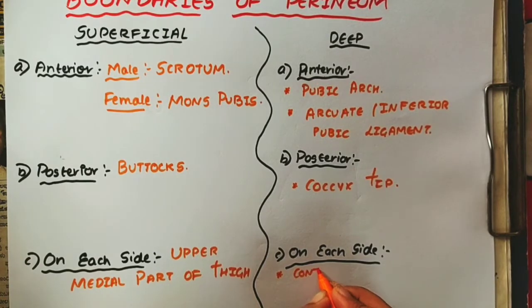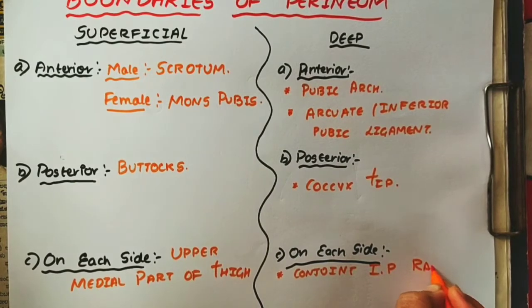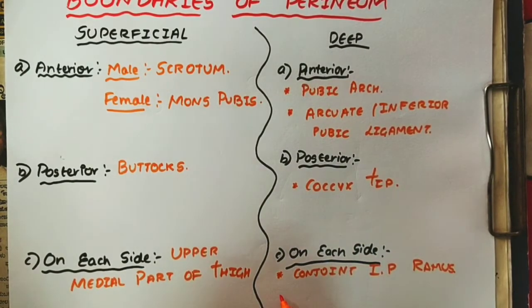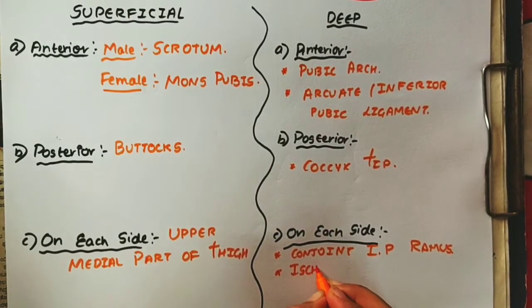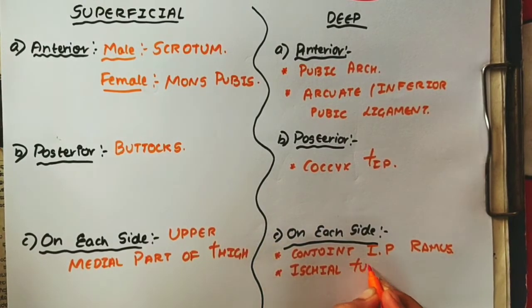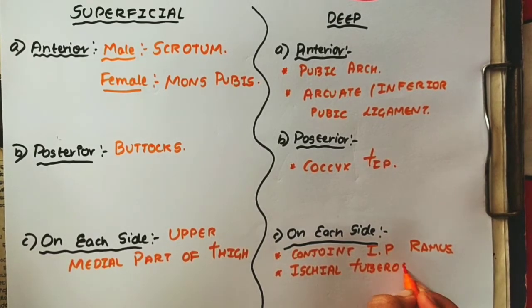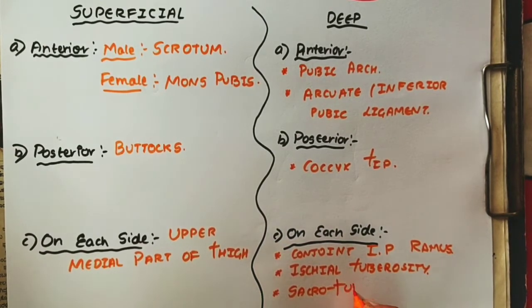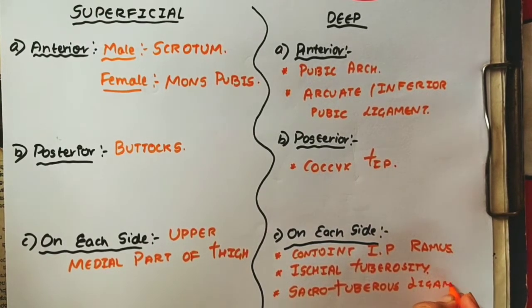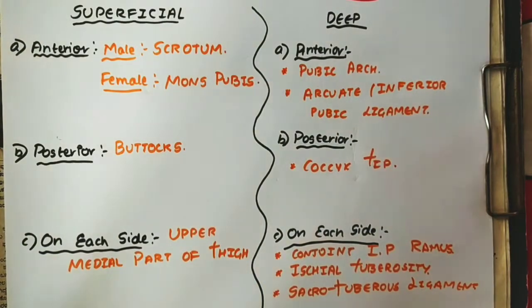First one is conjoint ischiopubic ramus. The second one is the ischial tuberosity. And the third one is sacrotuberous ligament. Okay, these are the three things present on each side of the perineum.